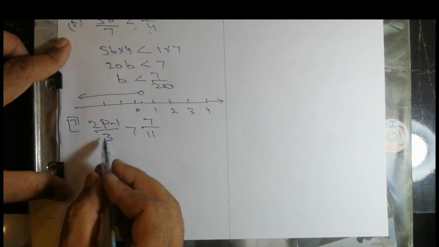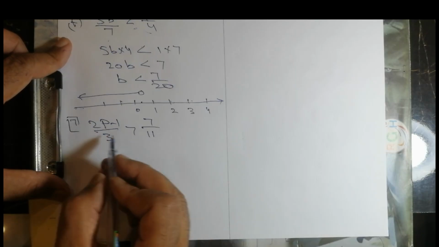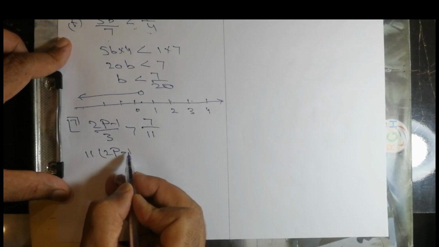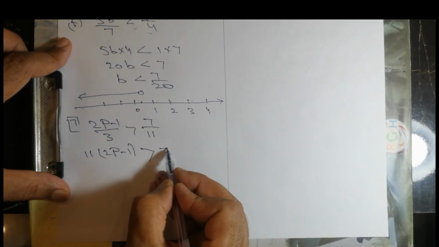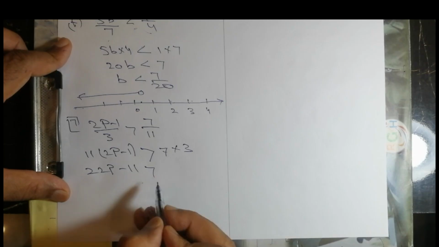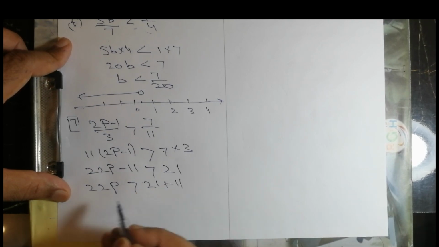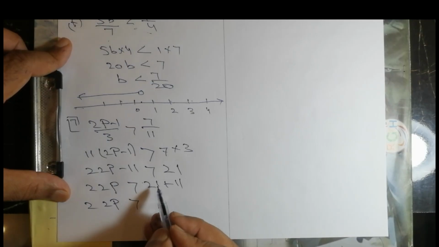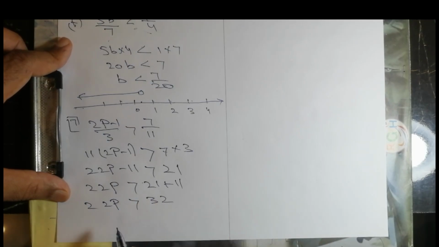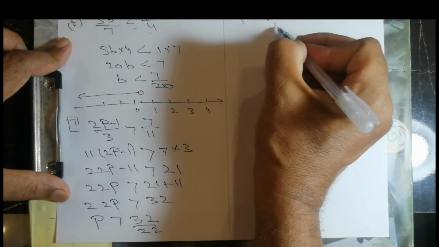Similarly, you can either multiply both sides by 33, which is the LCM, or you can cross multiply. 11 into 2p minus 1 greater than 7 into 3, 22p minus 11 greater than 21, 22p greater than 21 plus 11, 22p greater than 32, and p greater than 32 over 22, so p is greater than 16 by 11.